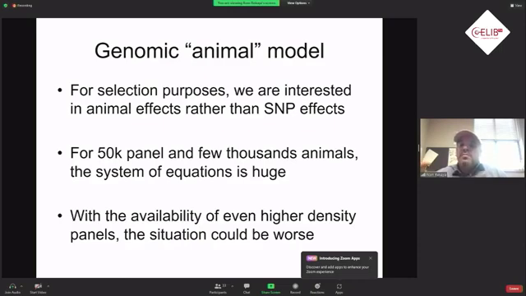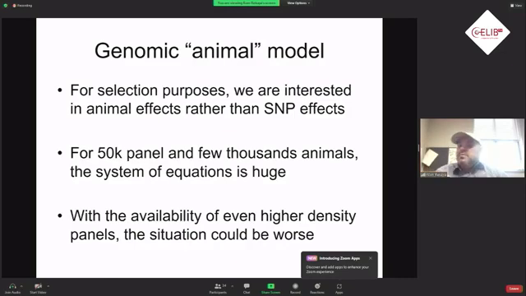So we have a multiple regression, and the unknown quantity was always the genotype, the effect of the SNP. So remember that sum over all the SNPs that we have in the panel. So those models we have been talking about will provide you with an estimate of the SNP effect.